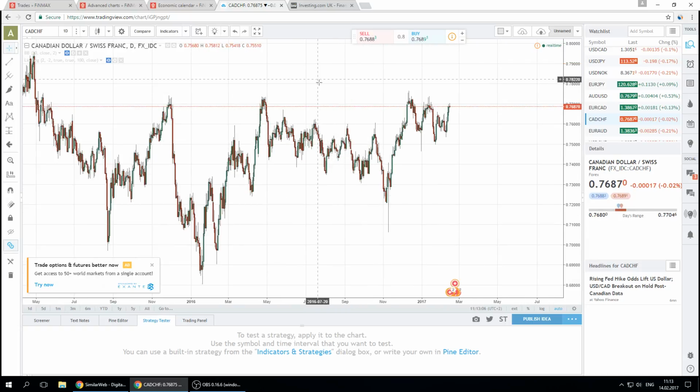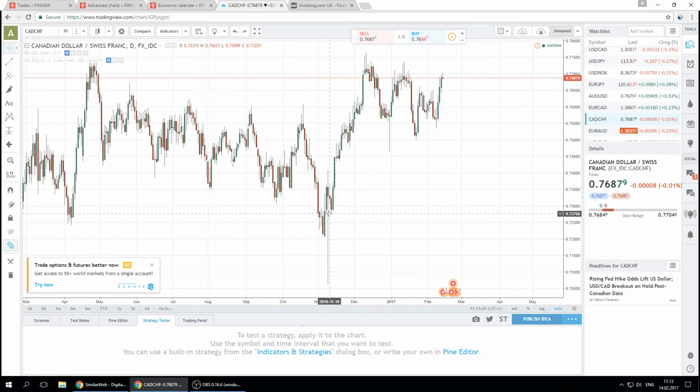What we have on the Canadian dollar to CHF, we have here that the prices were moving down because each low price is a bit lower than the previous one, and after that we see the change of direction.